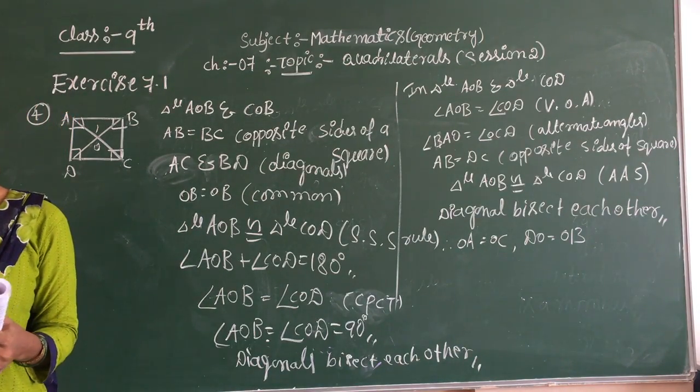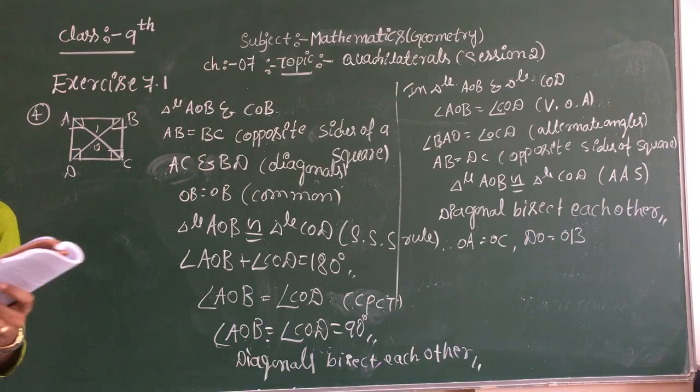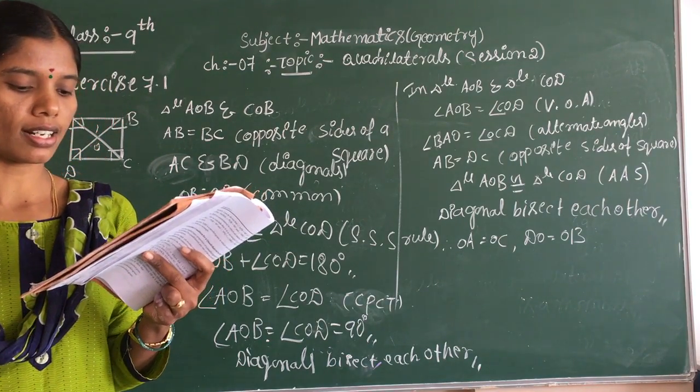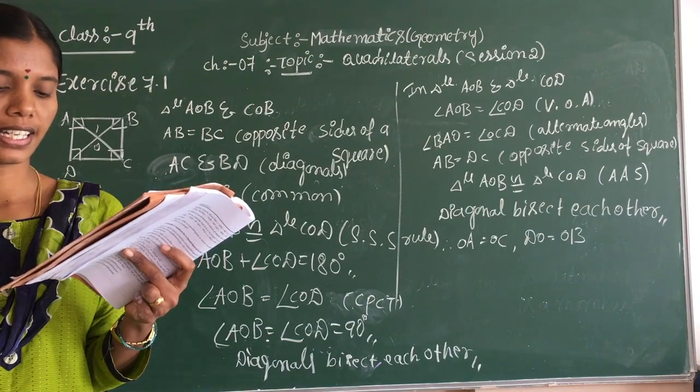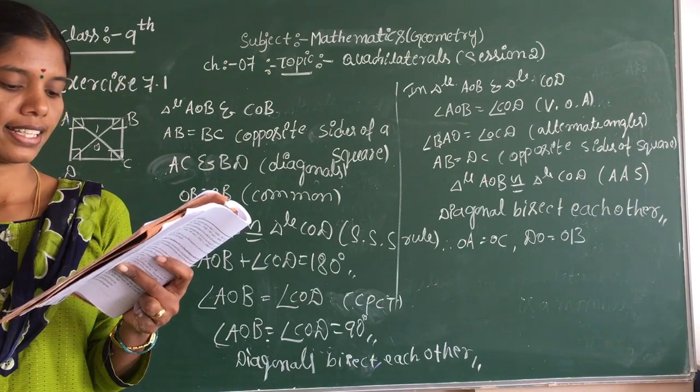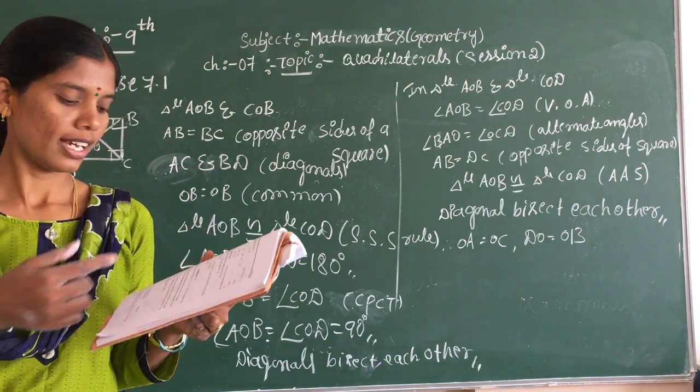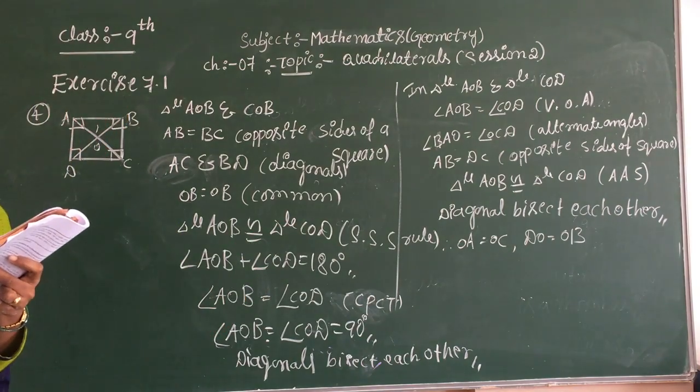Let's move to the fifth one. What is there in the fifth one, children? Show that if the diagonals of a quadrilateral are equal and bisect each other at right angles, then it is a square. Okay, same is there. We should do that problem.